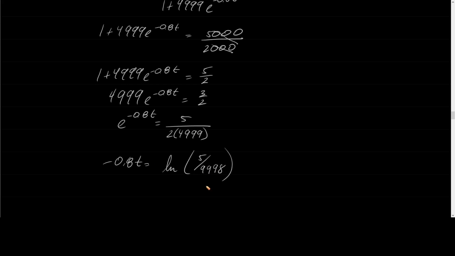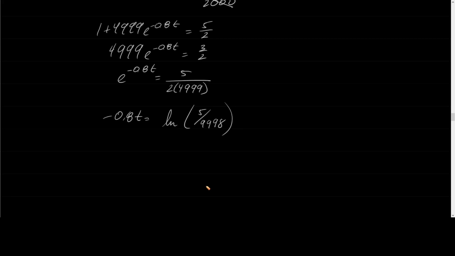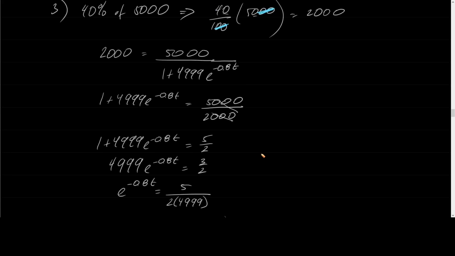Finally, we divide both sides by negative 0.8, and I get t is equal to ln of 3 over 9,998, over negative 0.8, and this would be approximately 10.14 days. From here to that last step, that's a calculator issue, just plug it in. So after 10.14 days, we ended up with 2,000 people being infected.